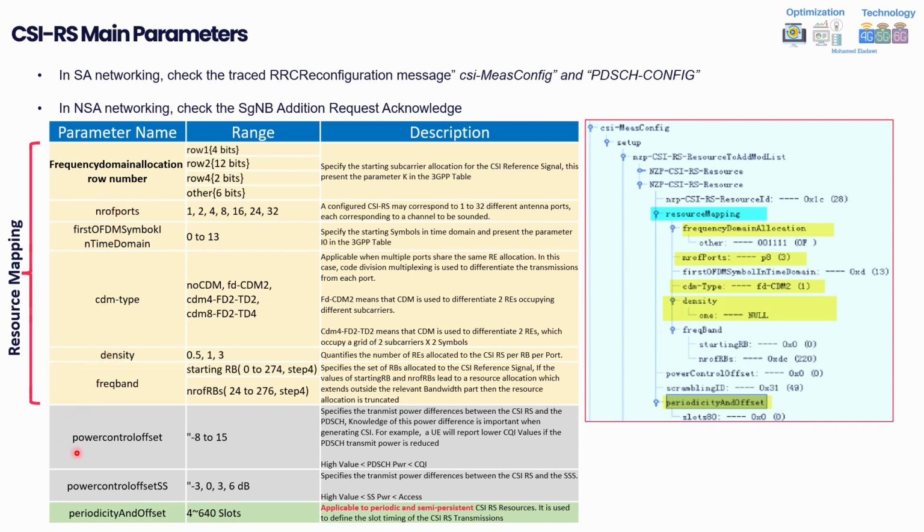Going forward now to the other 3 parameters. The first one is related to the power control offset. This power control offset specifies the transmitted power difference between CSI-RS and PDSCH. This is what it means: it specifies the offset of the CSI-RS compared to the PDSCH. So the larger the value you give, the larger the CSI-RS power, and this will give much better CSI-RS coverage, but it might cause higher intercell interference.